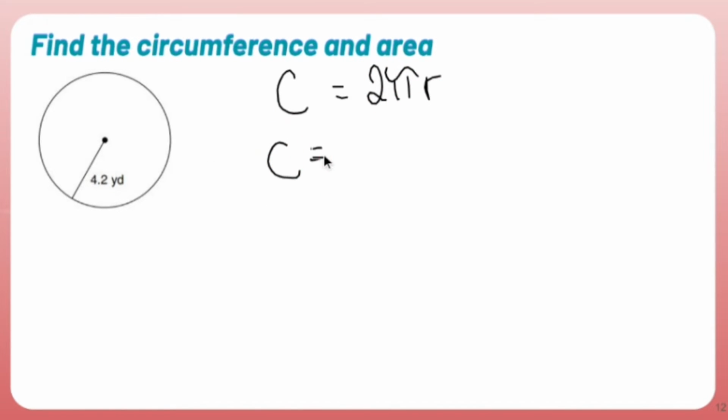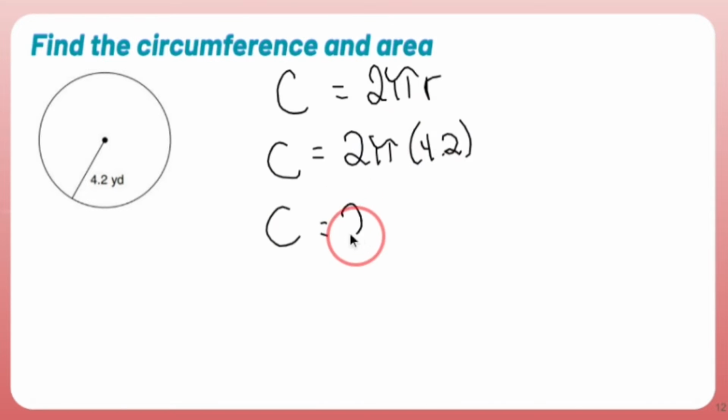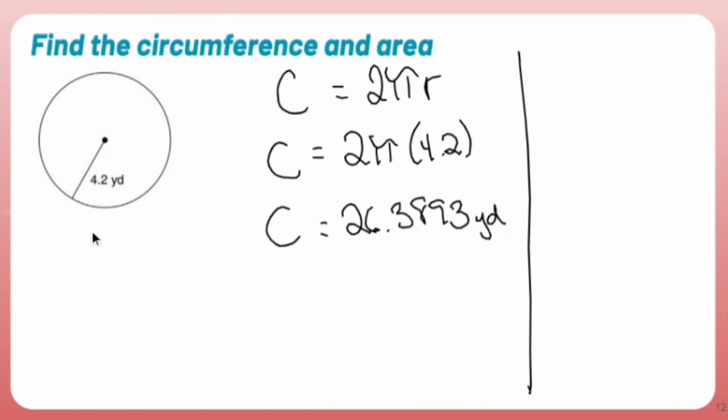So the circumference is 2 times pi times 4.2, which is 26.3893. Siri's giving me all these numbers, so I'm going to use them. Circumference is distance, so it is just yards. Don't worry about yards squared or yards cubed.